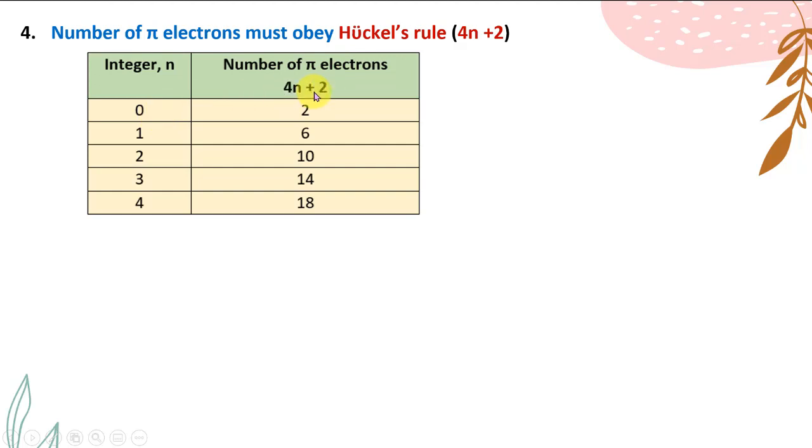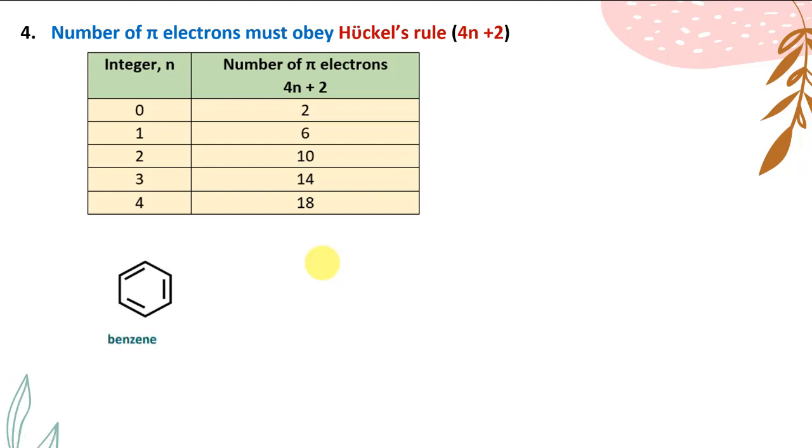So 4 times 0 plus 2 gives you 2 pi electrons. 4 times 1 plus 2 gives you 6 pi electrons. 4 times 2 is 8, plus 2 gives you 10 pi electrons, then 14 and 18 and so on. So following the values of integers given here, the number of pi electrons can only be 2, 6, 10, 14, 18 and so on.